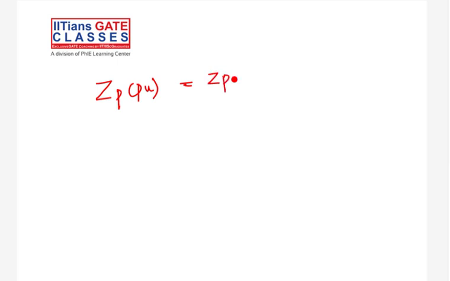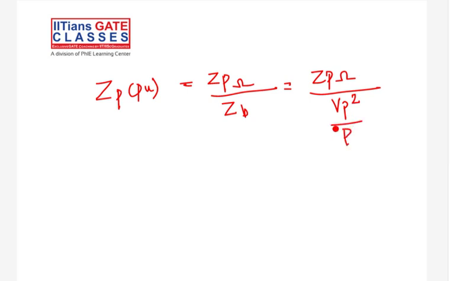That will be Z in ohms divided by Z base, right? So that would be Z in ohms divided by Vp the whole square divided by P, since P on both sides are same, right? So that would be Z in ohms into P divided by Vp square. Correct? Are you guys with me so far?